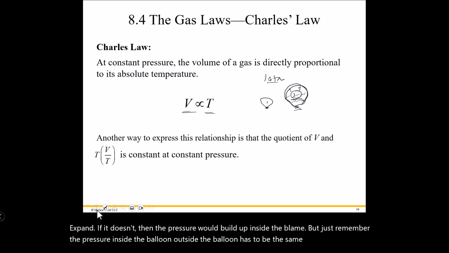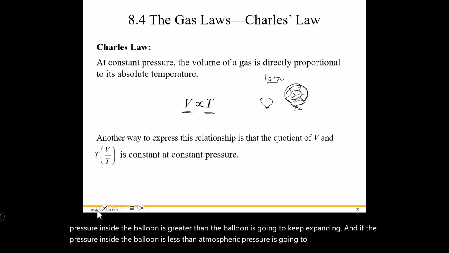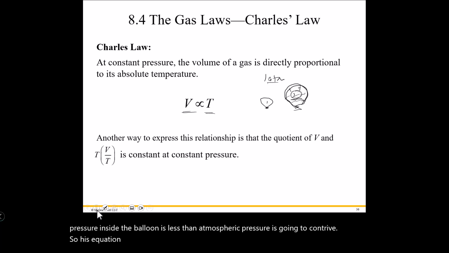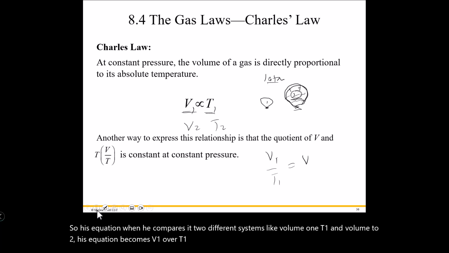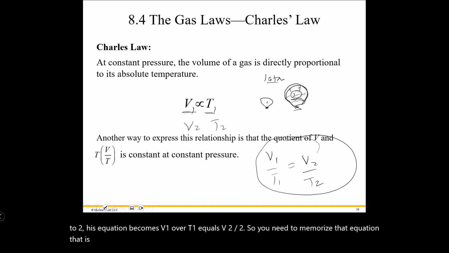Otherwise, if the pressure inside the balloon is greater, the balloon's going to keep expanding, and if the pressure inside the balloon is less than atmospheric pressure, it's going to contract. So his equation, when he compares two different systems, like volume 1 T1 and volume 2 T2, becomes V1 over T1 equals V2 over T2. So you need to memorize that equation. That is Charles's law equation.